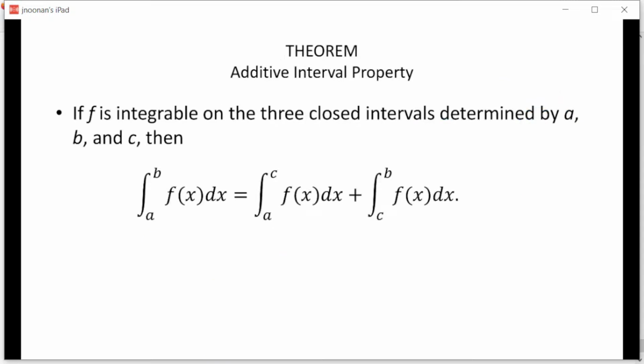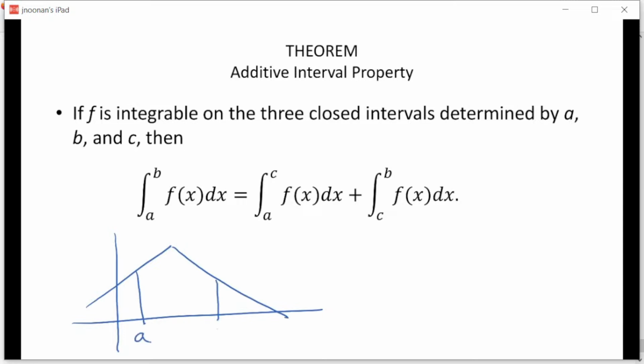Next thing that we should know is that if you have a function like this, you can split it up however you want. This is useful if you have an area that you want to compute that happens to be a piecewise function like this. Here's A, here's B. Let's say that I want to find this area.